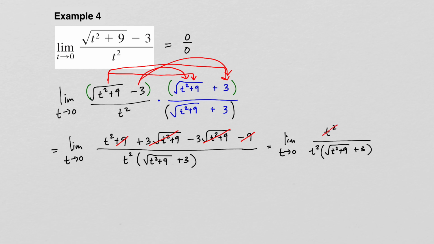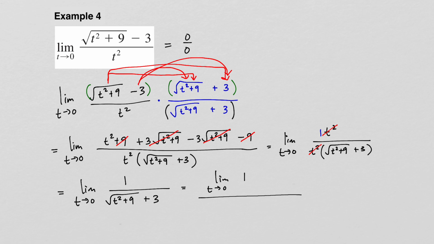This t squared and this t squared cancel out, leaving us with a 1 in the numerator. And now this is simply the limit as t approaches 0 of 1 divided by the square root of t squared plus 9 plus 3. I can now use the limit laws by taking the limit of the top divided by the limit of the bottom.